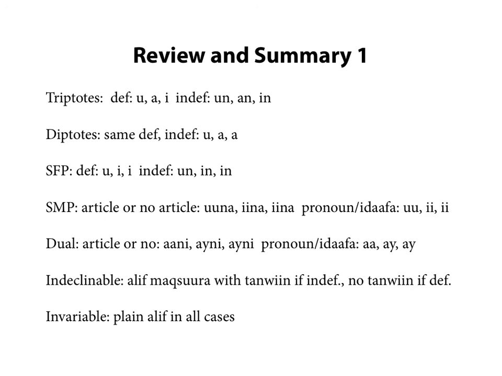Sound masculine plural with an article or no article is una, ina, and dropping the noon with the pronoun or idafa, u, e. Duals, ani, aini, and with pronoun or idafa a, i. And then the indeclinables are an aleph maksura with tanween if indefinite, no tanween if definite, and the invariables have a plain aleph in all cases.